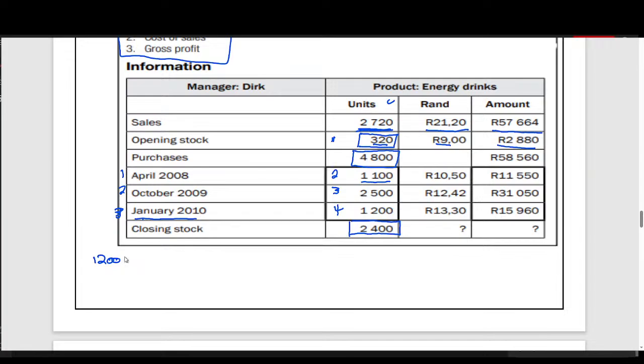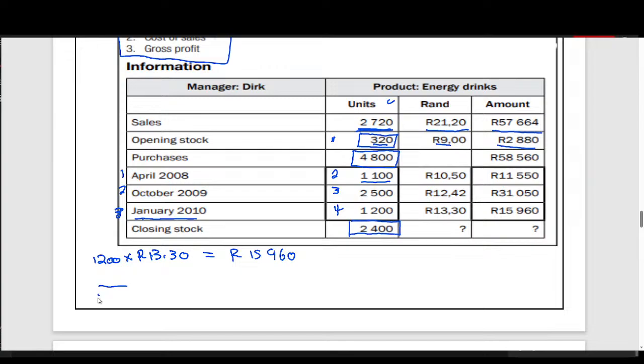Okay, so how much was the unit price here? The unit price was 13 rand 30 cent. So the value of that stock was 15,960. But listen to this. The stock that was not sold is 2,400. But here we only have 1,200.